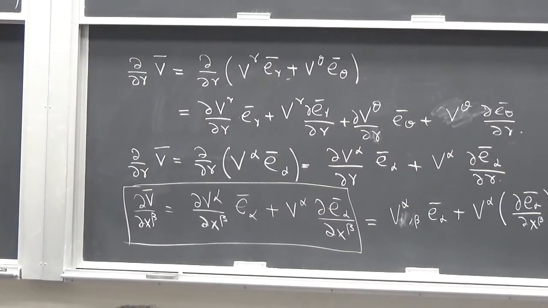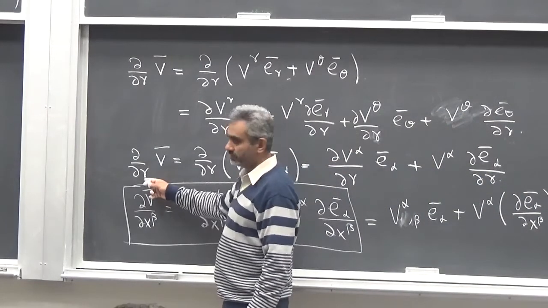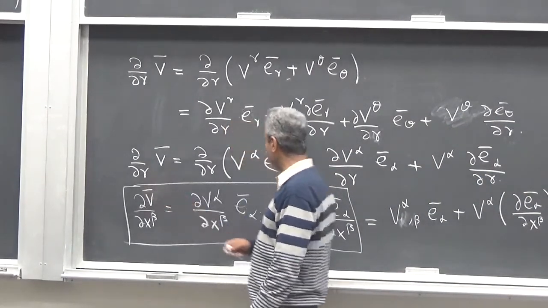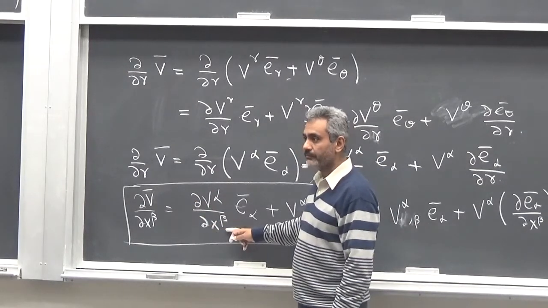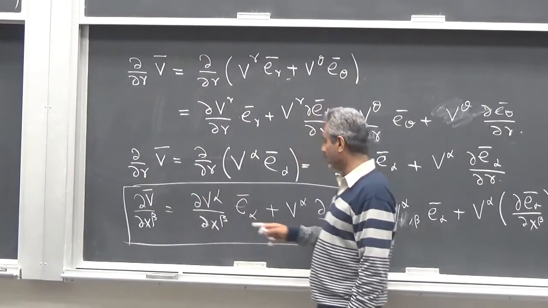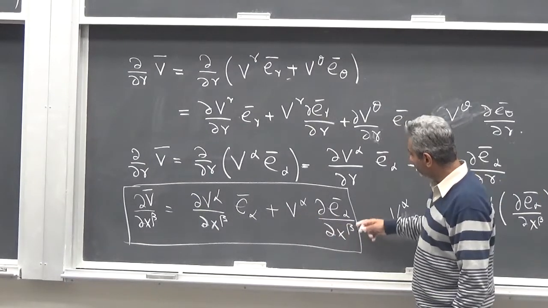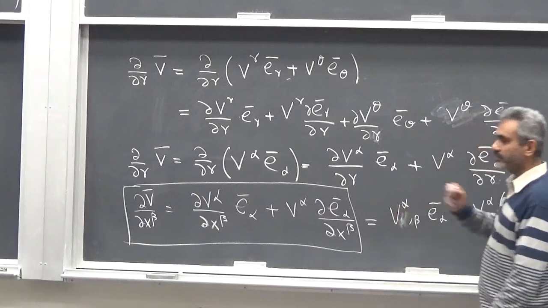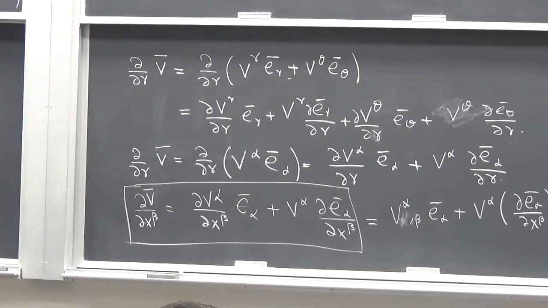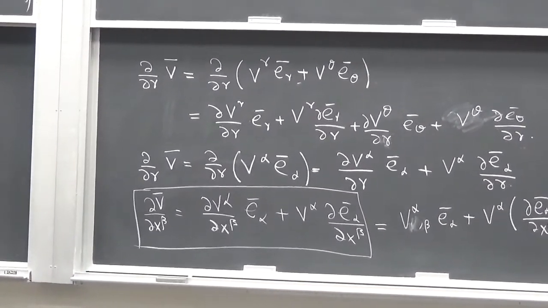But for a given beta, for example if it is r or theta, these are the components of a vector, and this must be a vector. If this is a vector, then I should be able to write it as a linear combination of the basis vectors.